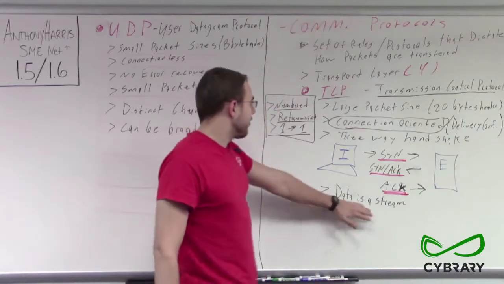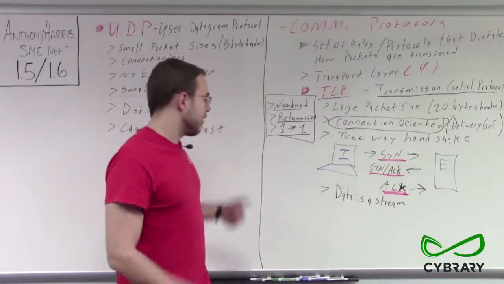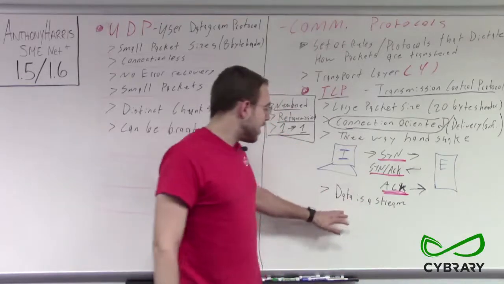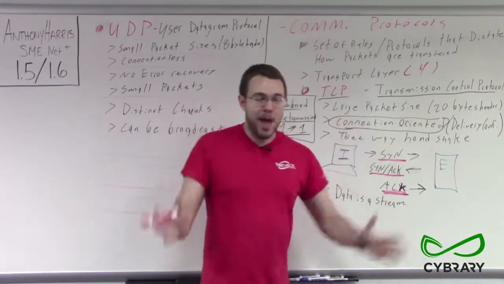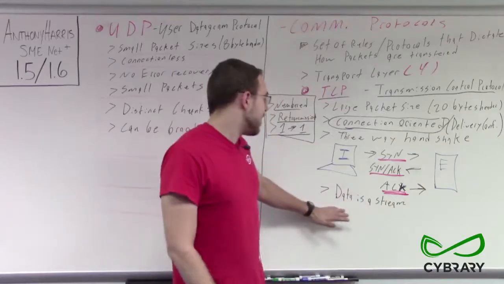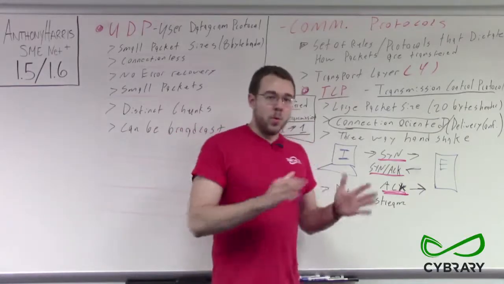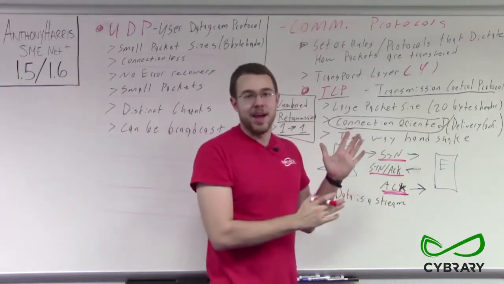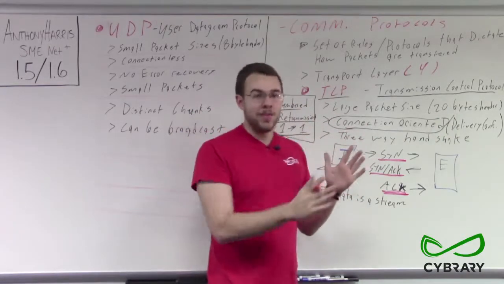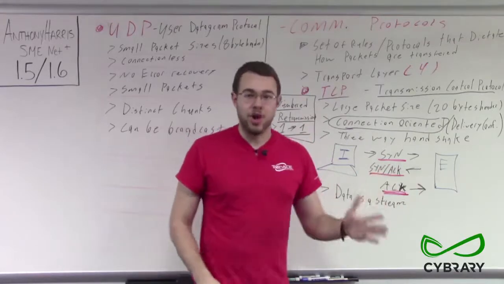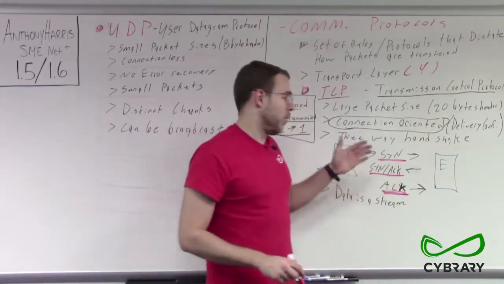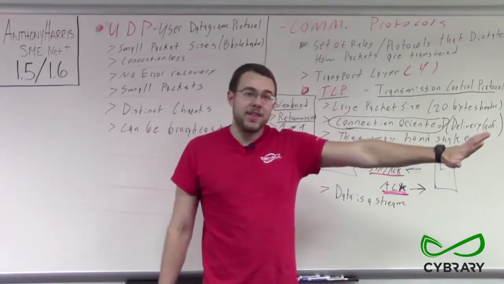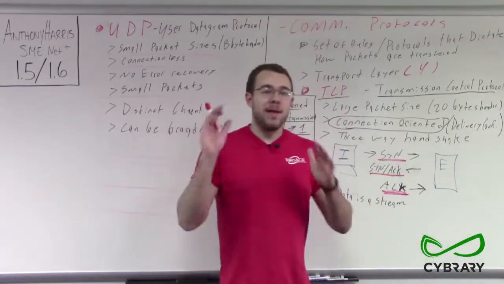Our final point for our TCP protocol is that we can push data as a stream, which means that once we identify our packet size for a TCP connection, we can take our data and just cut it up at the max packet size. We don't care if the point that we're cutting it at makes logical sense or not. So we're loading a web page, and we're sending all the data that they need to load that web page, and we have to break it up.